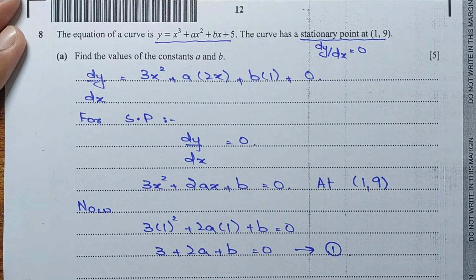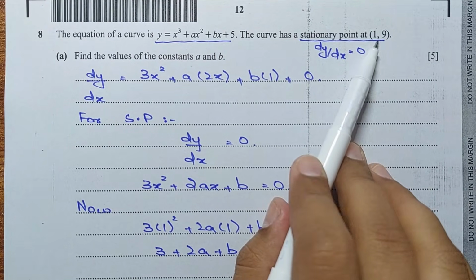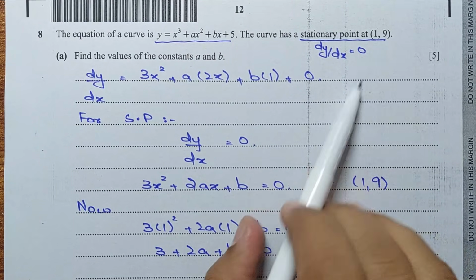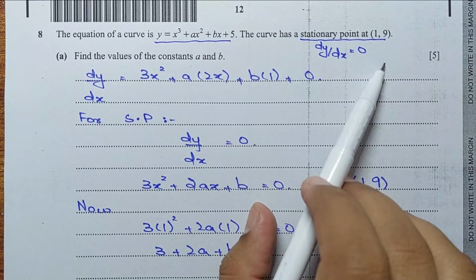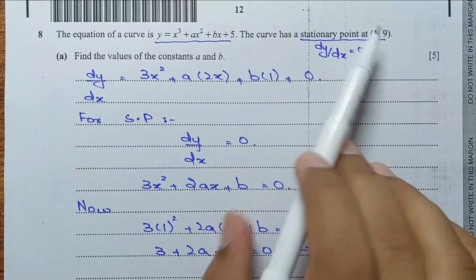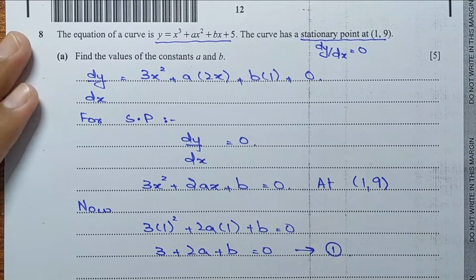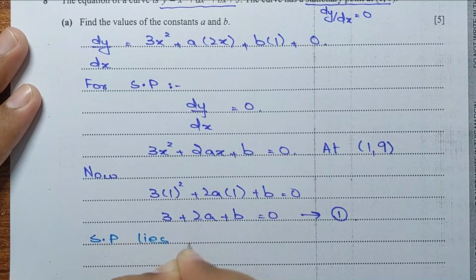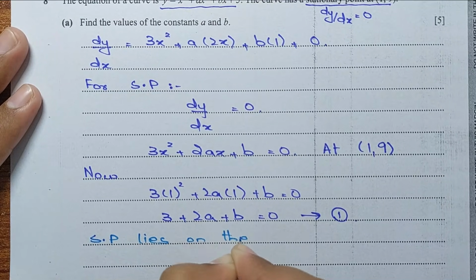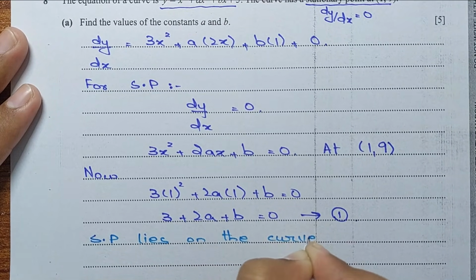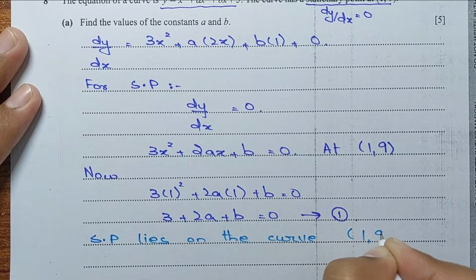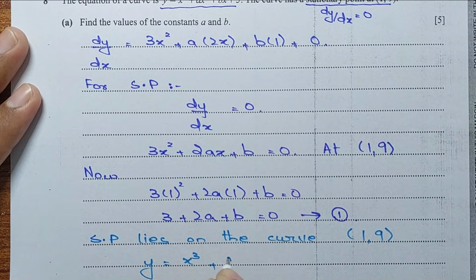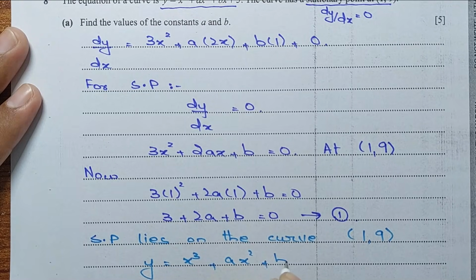As we know, a stationary point is basically the turning point of the curve, and the turning point must lie on the curve, so it must satisfy the curve equation. So the stationary point (1, 9) lies on the curve y equals x cubed plus ax squared plus bx plus 5.